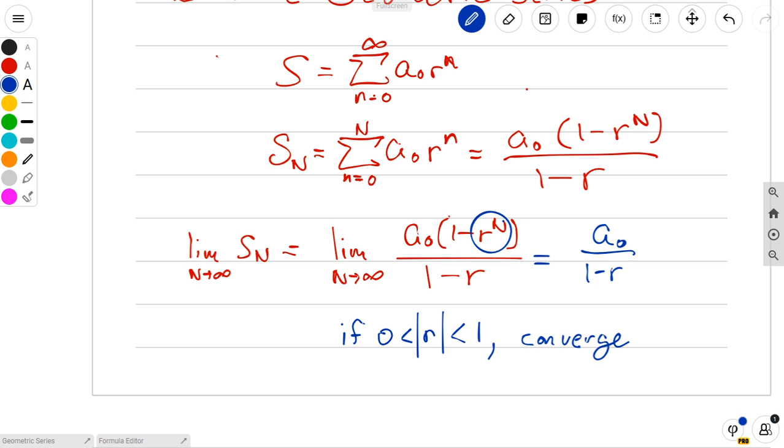If your common ratio is 1, then that just means you're adding the same thing on top of the same thing every single term. You're not going to go anywhere, because no matter what a sub 0 happens to be, you would just be constantly getting a sub 0 plus a sub 0 plus a sub 0.